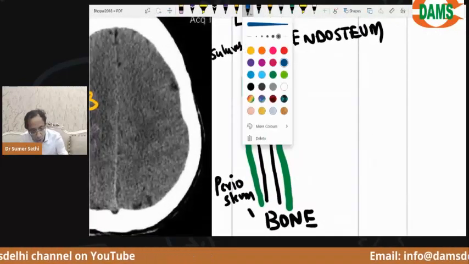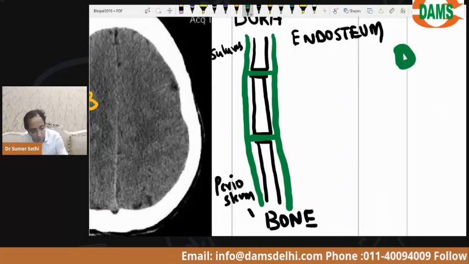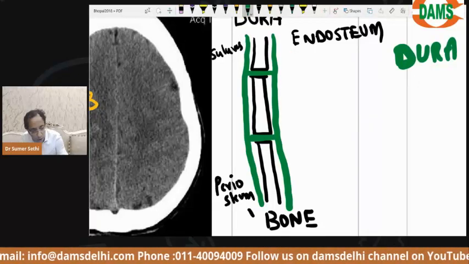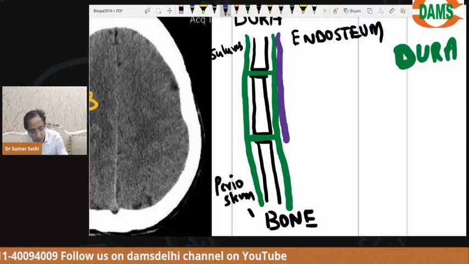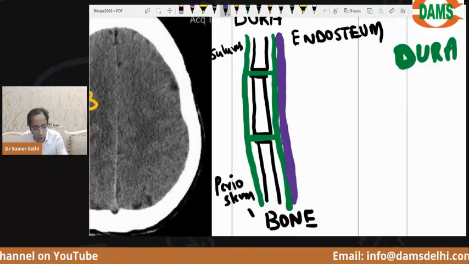Do you know there is a fibrous covering to your brain called dura? Now, dura has two layers. Dura has a meningeal layer, and the outer layer of dura is formed by the endosteum.